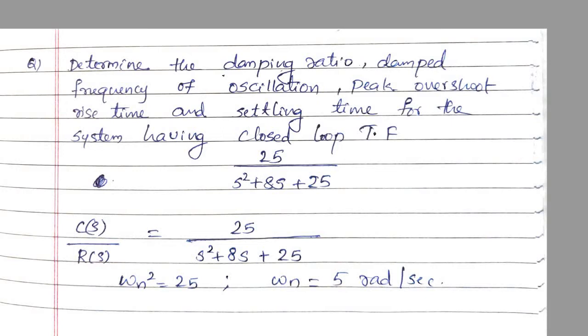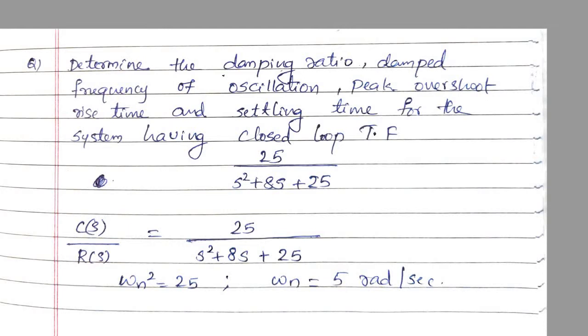Now, we can compare it with the standard second order transfer function equation. The standard equation for second order system is omega n square divided by s square plus 2 zeta omega n s plus omega n square.